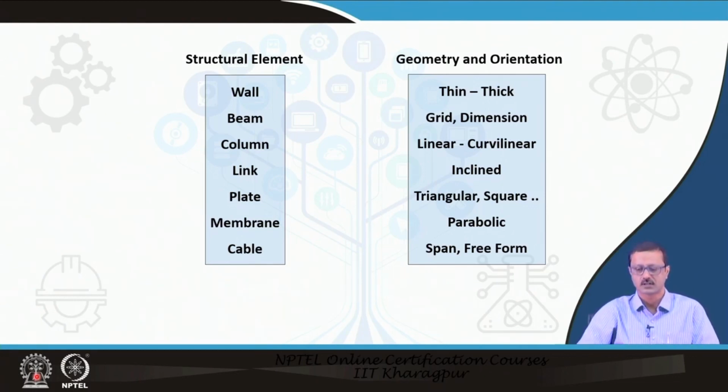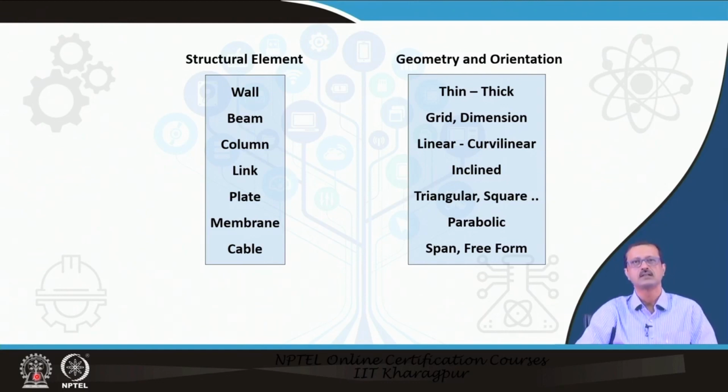What is the dimension? Then the linear and the curvilinear. Just as I told you, there are the curves, that is the arches and all, which is the curvilinear. Linear may be a straight beam, a straight column. Inclined, yes, a wall may be inclined, a plate may be inclined, or maybe a column is also sometimes inclined.